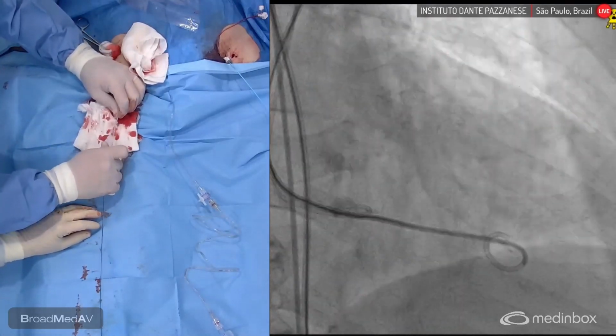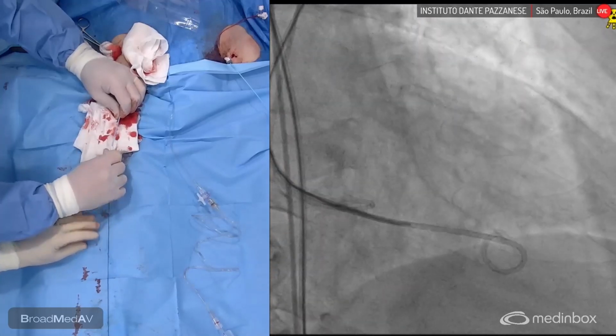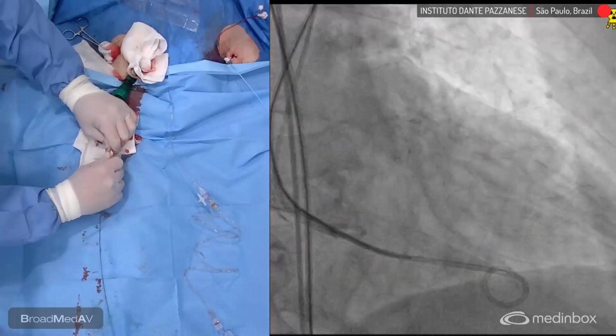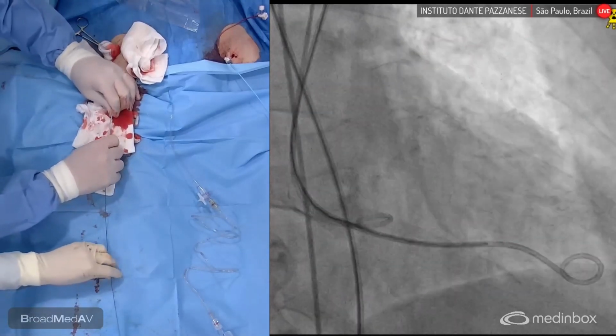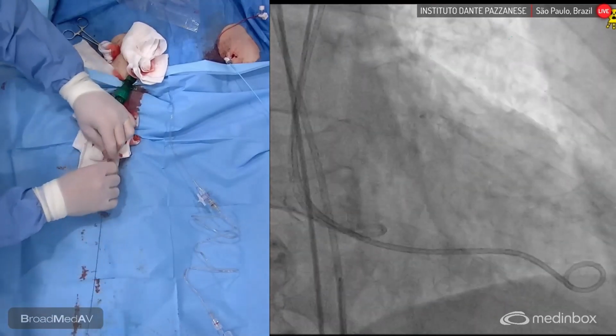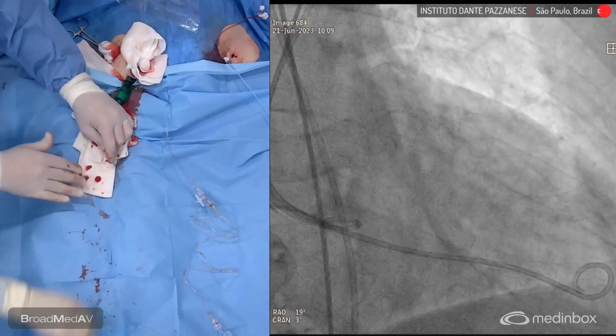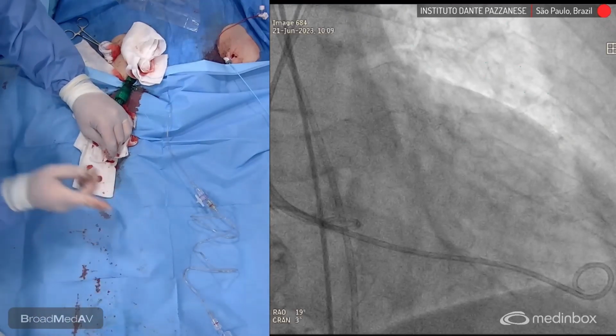Yeah, the stiff wire. But our practice is not to skip steps. We like to exchange the wires and put the pigtail and measure hemodynamics and make everything safer.